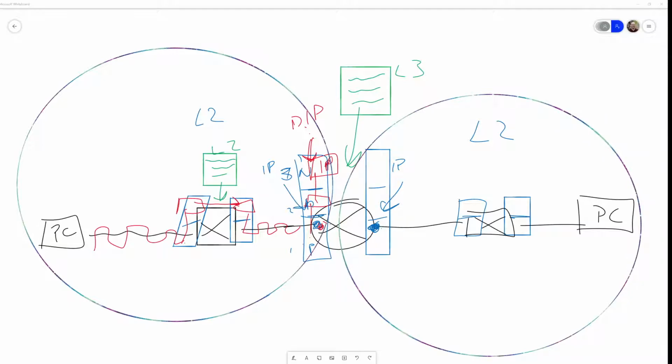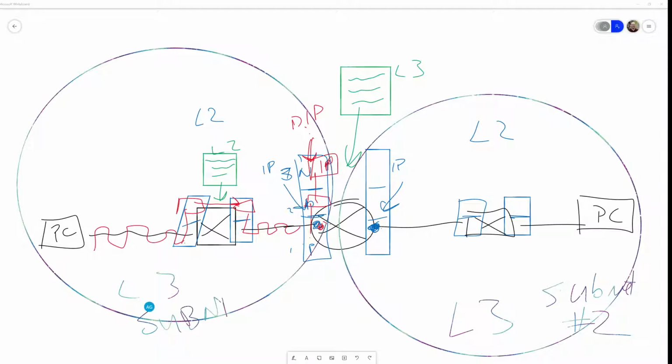Okay? And so this is a layer 3 subnet, subnet 1, or I'll call it subnet 2, subnet number 2. And this is layer 3 subnet, I'm scribbling.